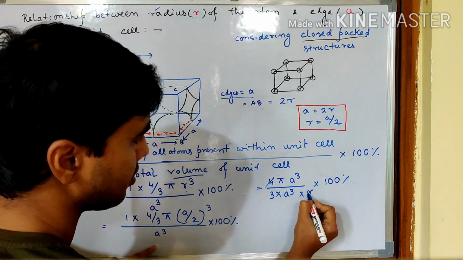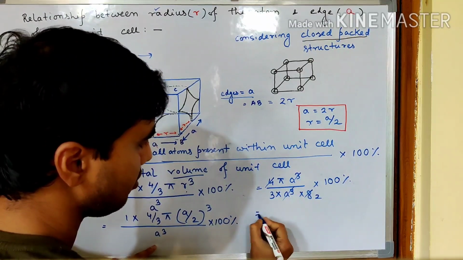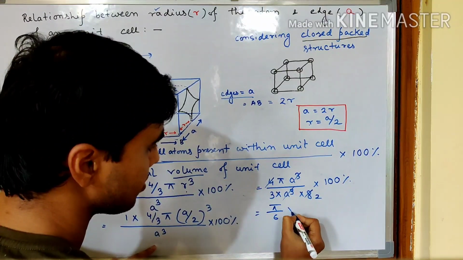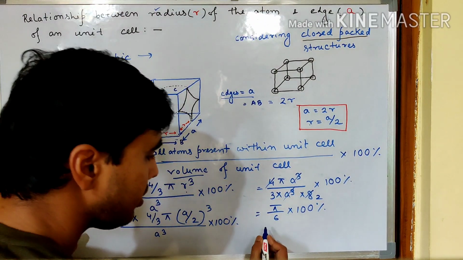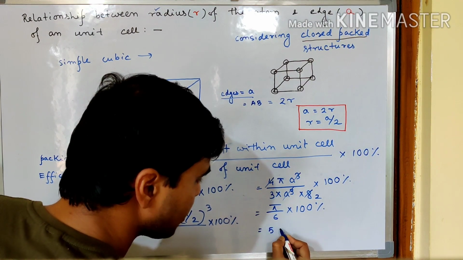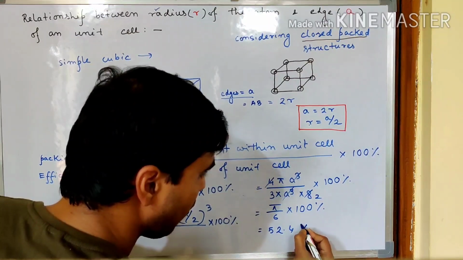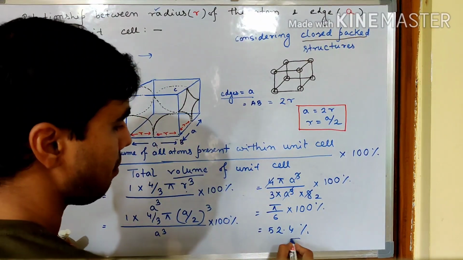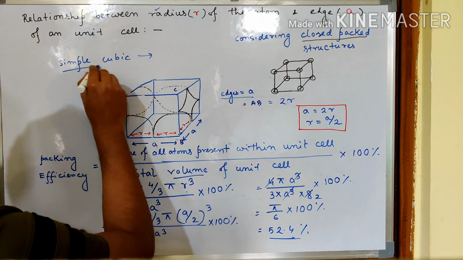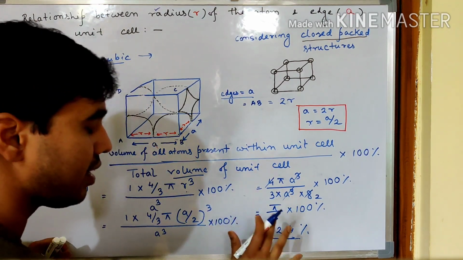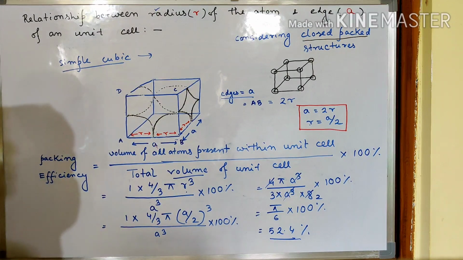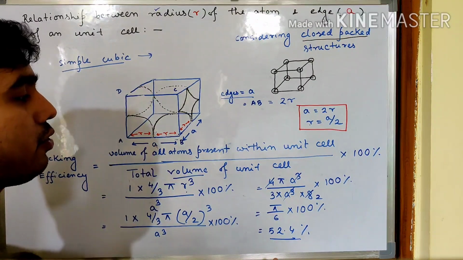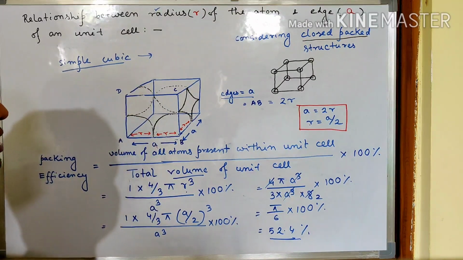That means A cube will cancel out, so it is pi by 6 into 100%. On calculation, you will get it almost equal to 52.4%. So this is the packing efficiency for the simple cubic unit cell. This suggests how efficiently it is packed. It is 52.4%. Later on in this chapter, we are going to calculate the same for BCC as well as FCC.